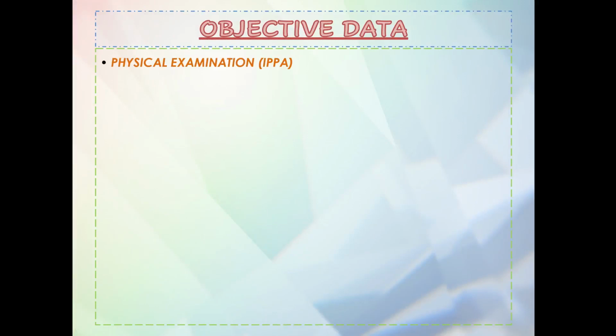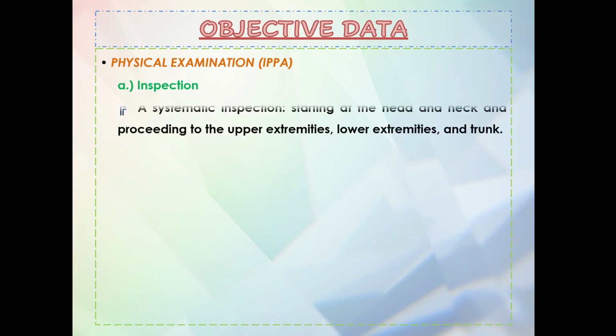And please do remember the different techniques in performing your physical exam. Di ba? You have the IPPA: inspection, palpation, percussion, and auscultation. Okay, so first inspection tayo. So a systematic inspection starting at the head and neck and proceeding to the upper extremities, lower extremities, and trunk. So that's how we inspect the patient systematically.